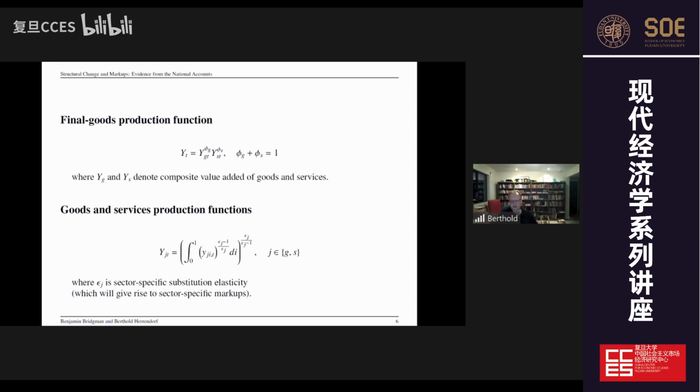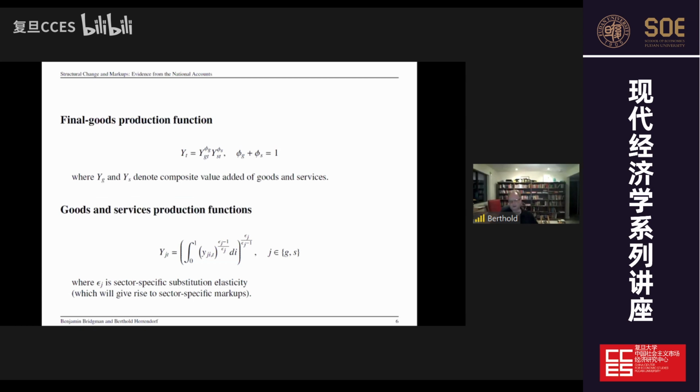Goods and service production, in turn, is where the monopolistic competition comes in. So in each of these different sectors, J, you have a Dixit-Stiglitz aggregator, which goes from 0 to 1. You aggregate intermediate inputs. J is kind of annoying to index, but what it basically is, for the goods sector, J equals G. You take different varieties indexed from 0 to 1 by i.